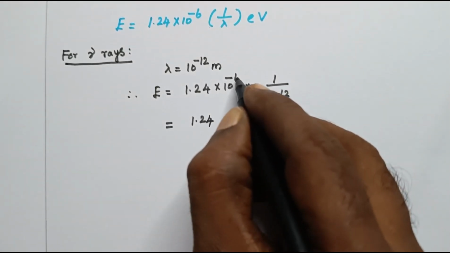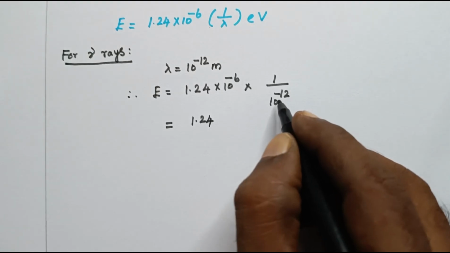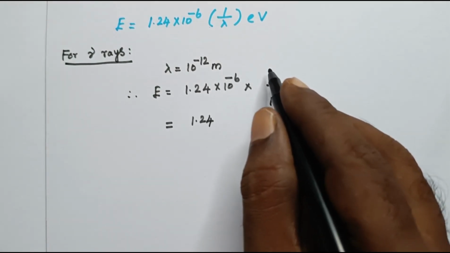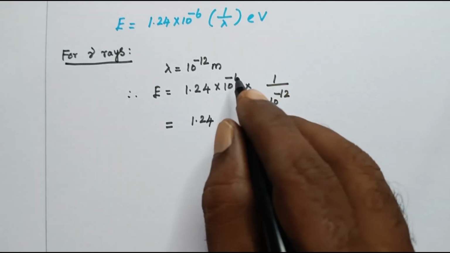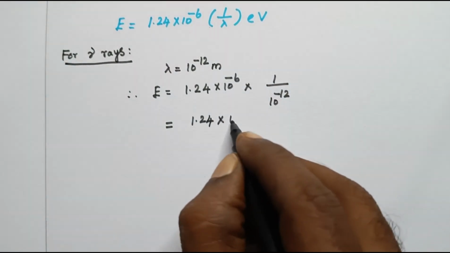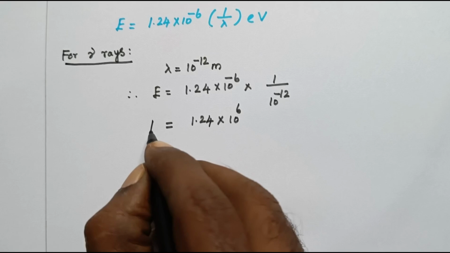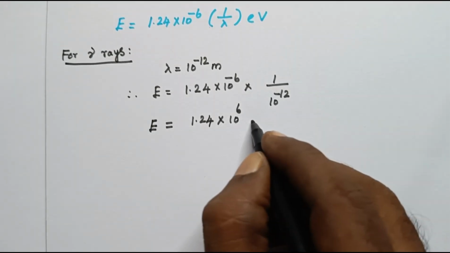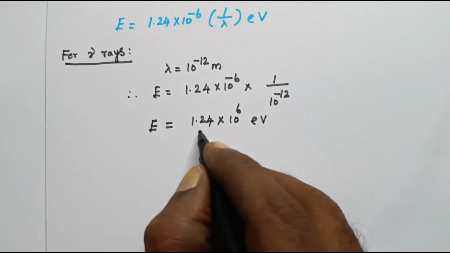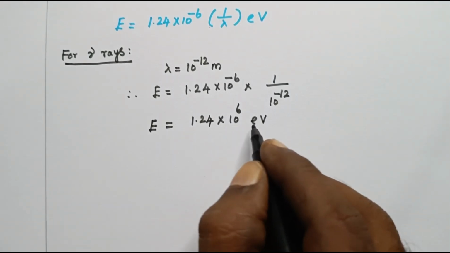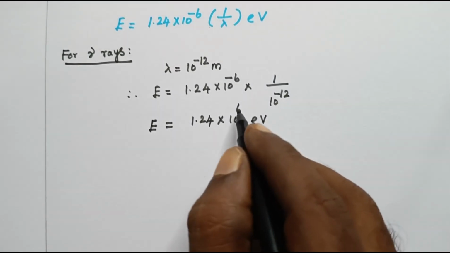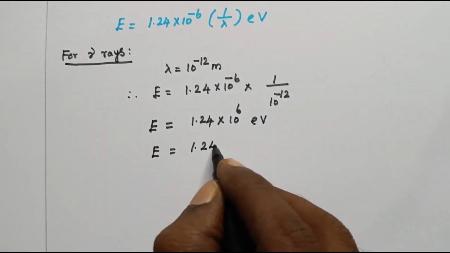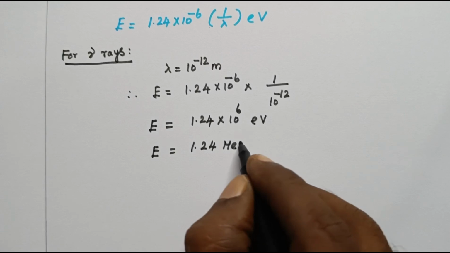Here we are having 10 to the power minus 6, and in the denominator we are having 10 to the power minus 12. When it goes to the numerator, it will be 10 to the power plus 12. So plus 12 minus 6 is plus 6, into 10 to the power 6. This is the energy of a photon in the gamma rays. The unit is electron volt. This can be written in million electron volt by dividing this by 10 to the power 6. So this is equal to 1.24 million electron volt.